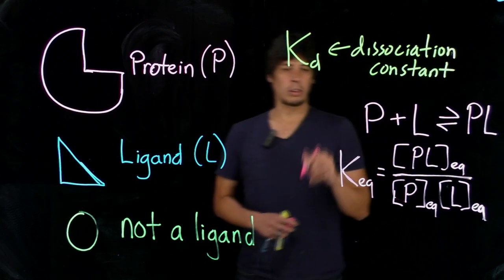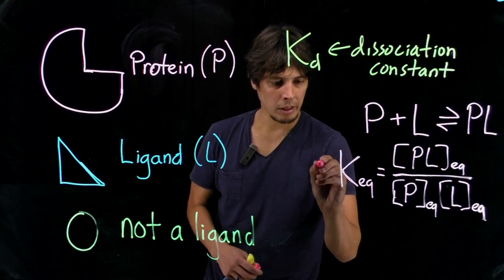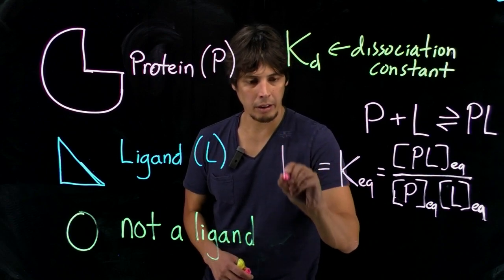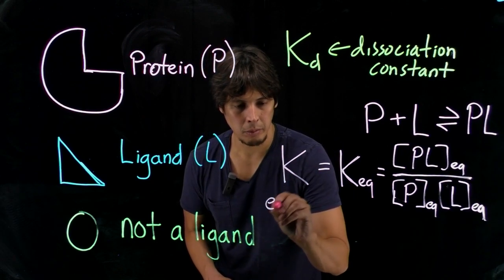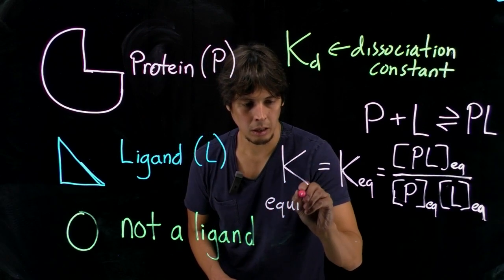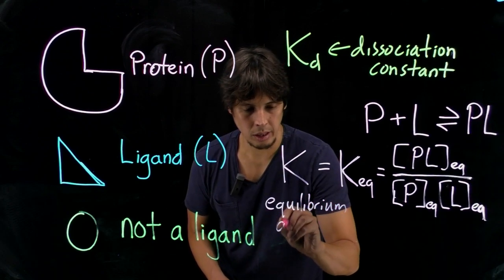All right. So another way to express this when we're talking about ligand binding is as Ka. And so we call this the equilibrium association constant.